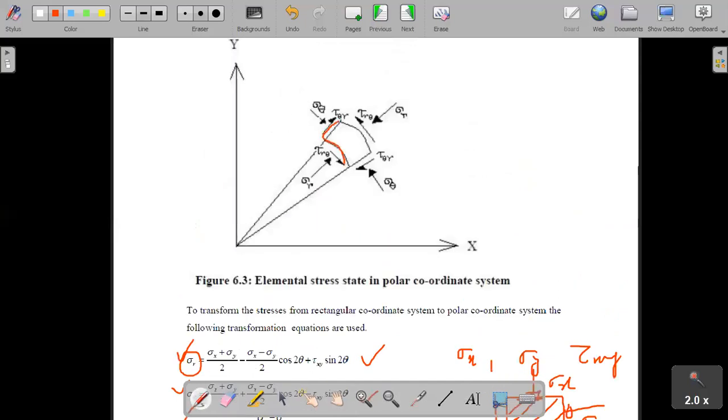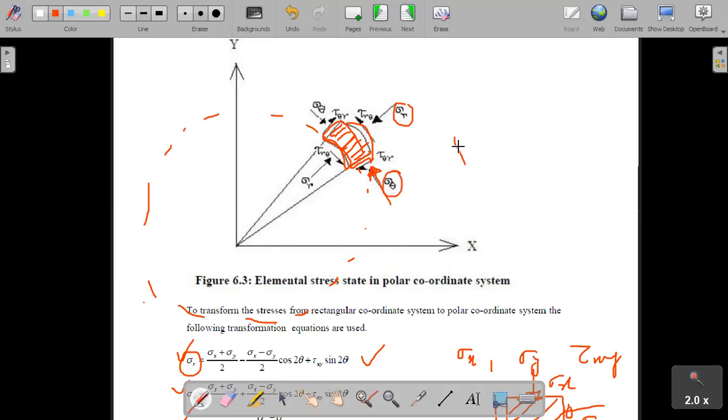Let's say this is a small section of any opening. Let's say this is a circular opening, but you choose only a small section. In this small section, there will be normal compression sigma n on this section, and a tangential stress sigma theta.